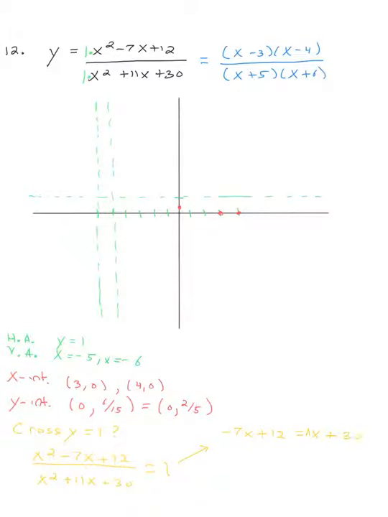So if I subtract 30 from both sides, as well as add 7x, my equation becomes 18x is equal to negative 18, and therefore after dividing both sides by negative 18, negative 1 is where this thing actually equals the horizontal asymptote, which is right here.